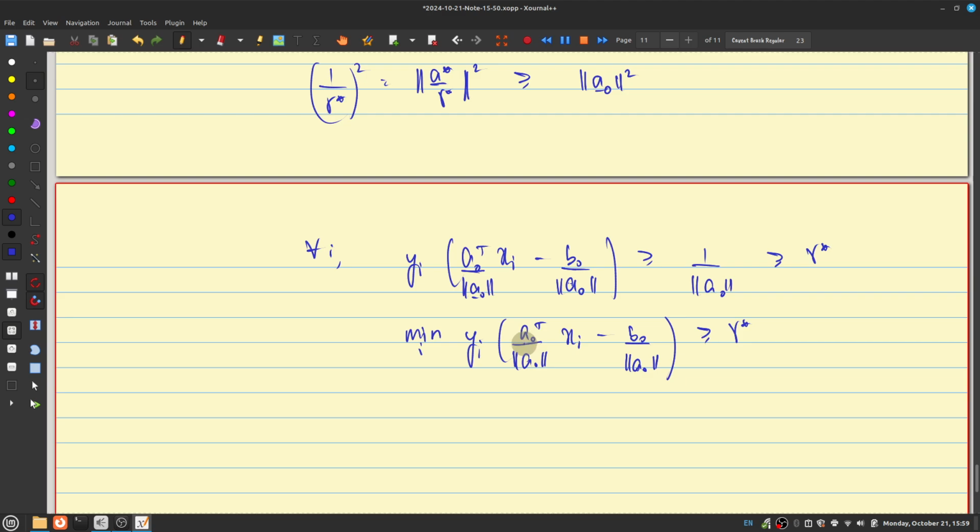A0 is a solution to the hard SVM problem, and the maximum of this is basically problem 2. So problem 2 and the hard SVM problem are equivalent. A0 by norm A0 and b0 by norm A0 is a solution for problem 2.